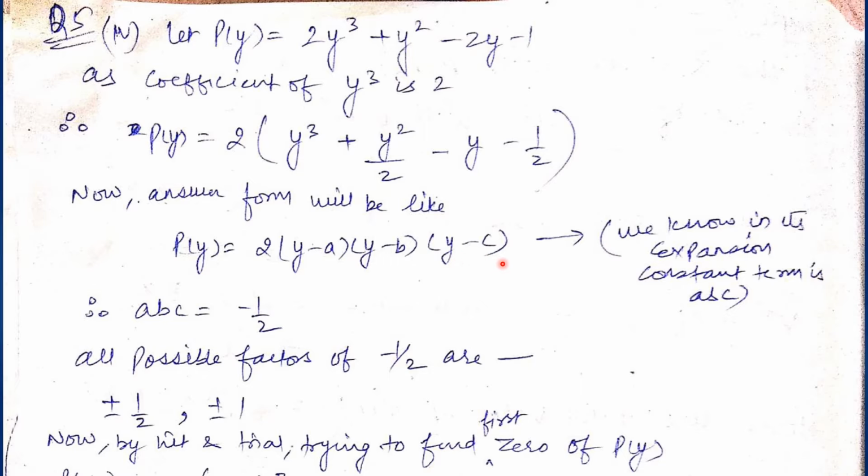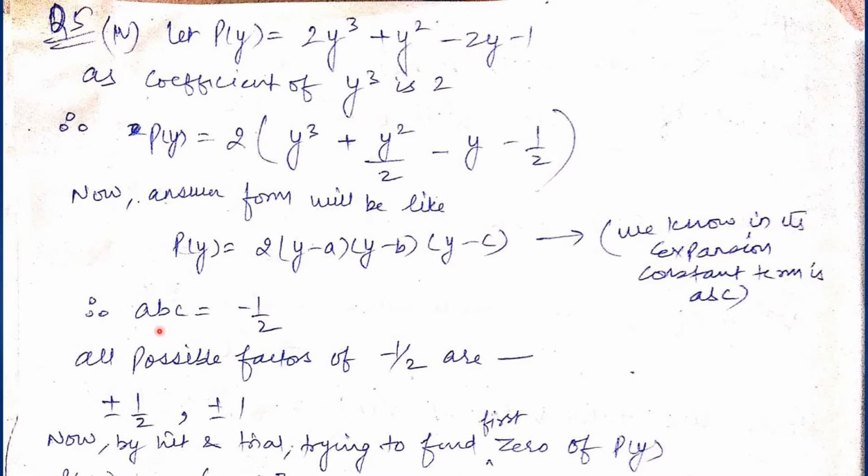Now we have to think, that whenever we expand this, we will get the last term as abc. We will get the constant term in this expansion as abc. So I can say in this equation, this is the constant part, and in that expansion, abc is the constant part.